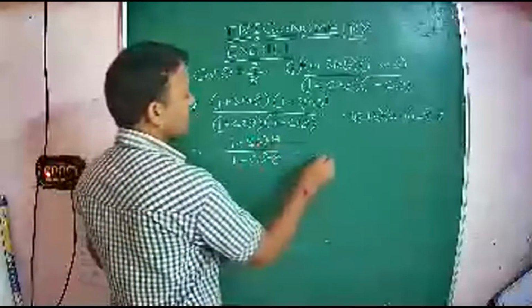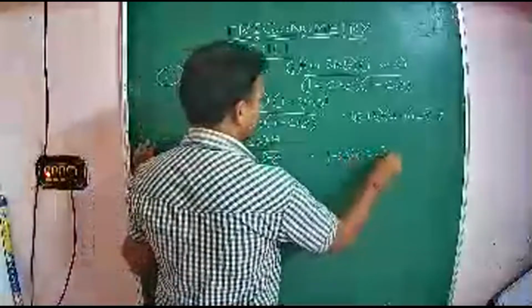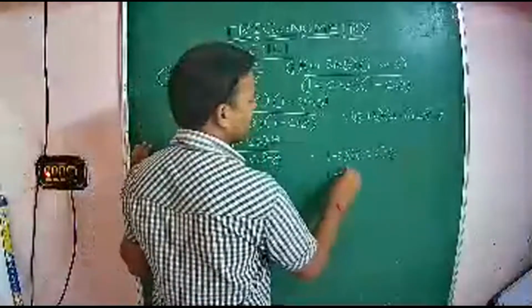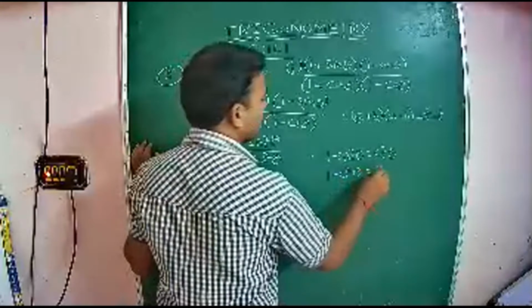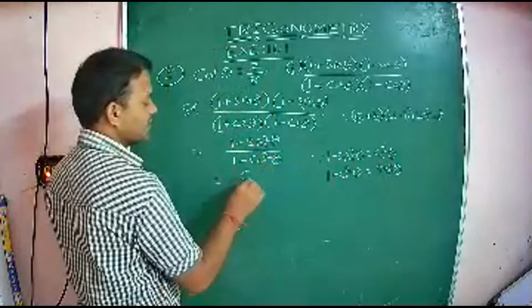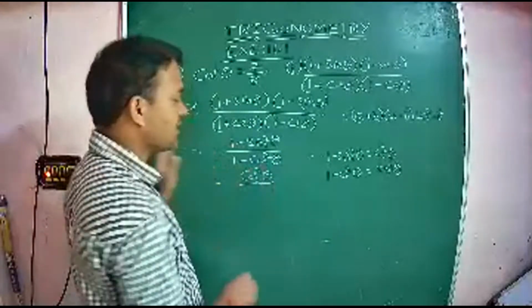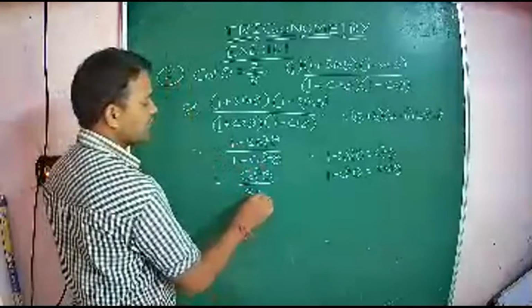So 1 minus sin square theta is equal to, as per the identity, cos square theta. 1 minus cos square theta equals sin square theta. So 1 minus sin square theta is nothing but cos square theta, by 1 minus cos square theta, which is nothing but sin square theta.